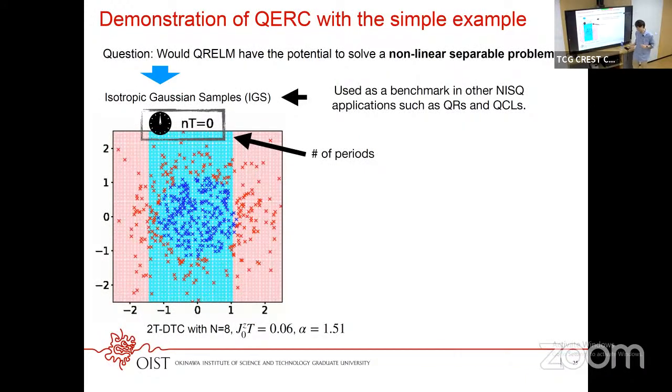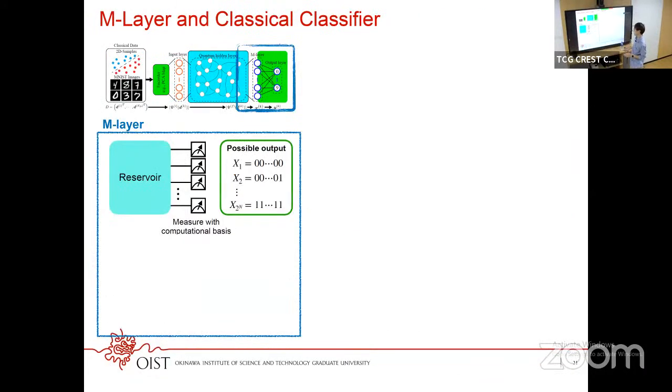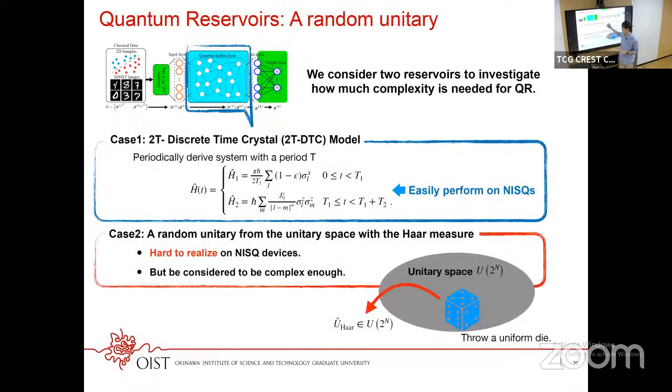It's a good question. Actually, if we don't have a rotation, and we have only ZZ interaction, it's impossible because ZZ interaction is diagonal.